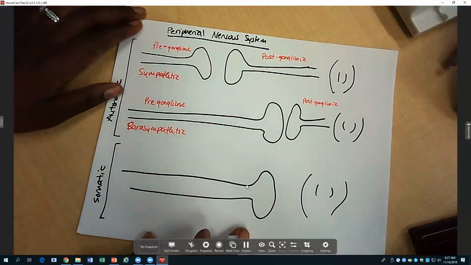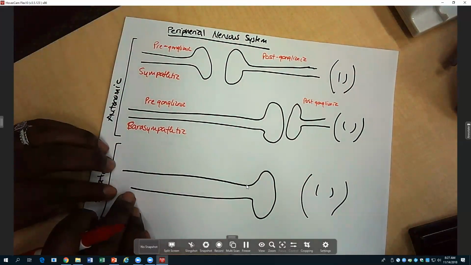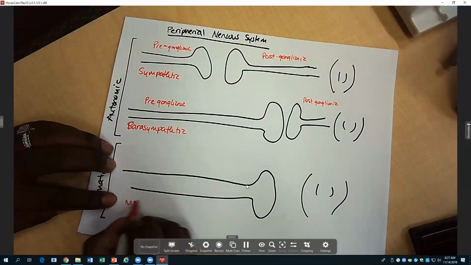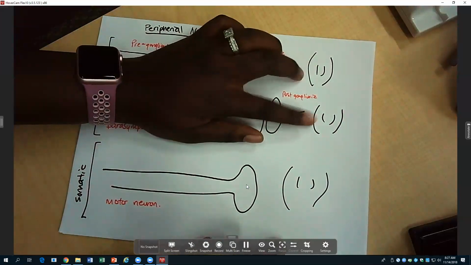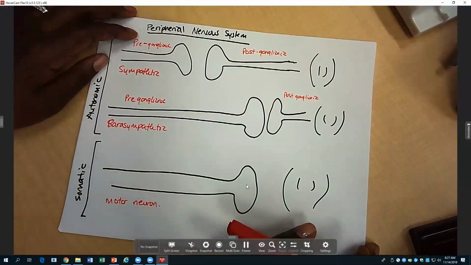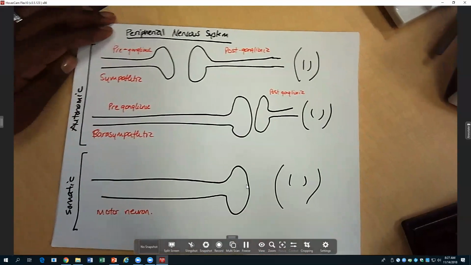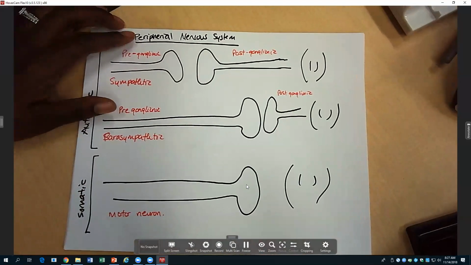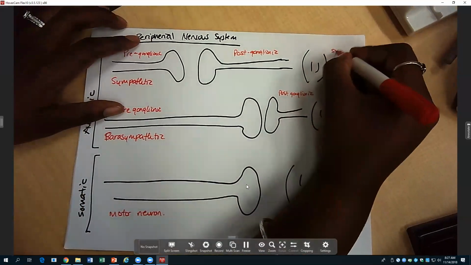In the somatic nervous system, what was the neuron? A motor neuron, perfect, a motor neuron. Now, what was the effector tissue of the autonomic nervous system? What type of tissues did the autonomic nervous system have effect on? All right, so smooth muscle.